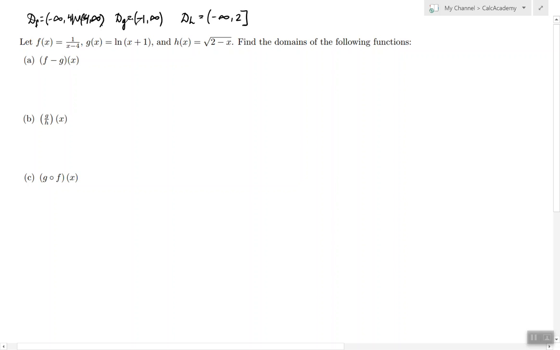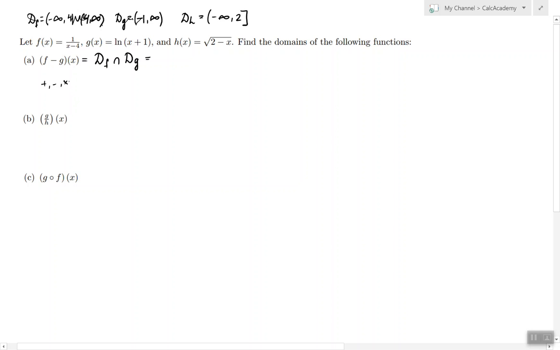Now, when it comes to finding the domain of a function created from the original two functions, we can either do it analytically by simply concluding that the domain of a new function is the intersection of the domains of the two original functions, and this works well for addition, subtraction, multiplication.